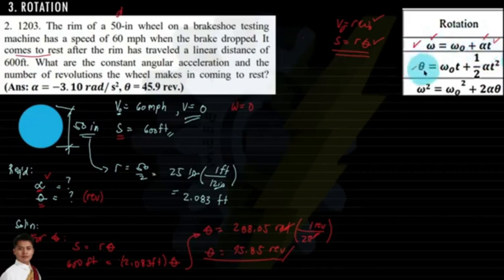For the second equation, we again don't have the time, although we have theta, and although we can solve for the initial angular velocity. For the third equation, we can solve for omega sub o, where the final angular velocity is 0, and we have theta, which is equal to 288.05 radian or 45.85 revolution. So we can solve for the angular acceleration using this equation.